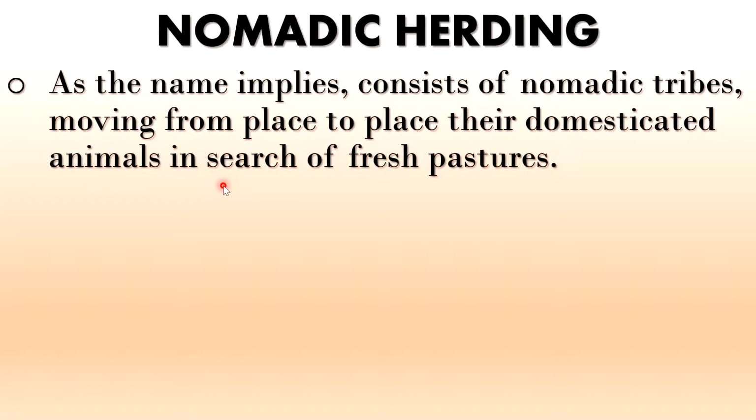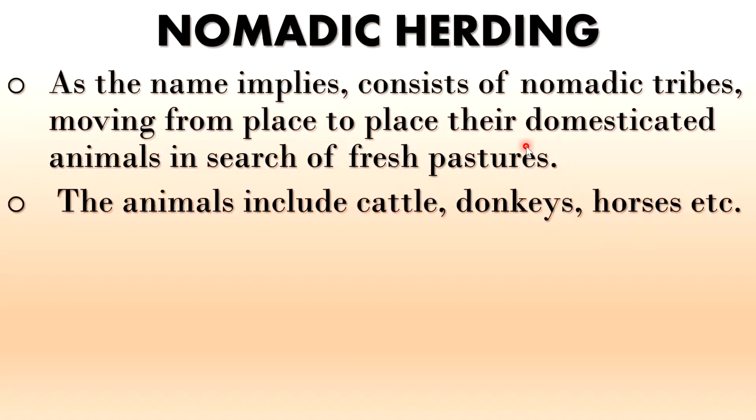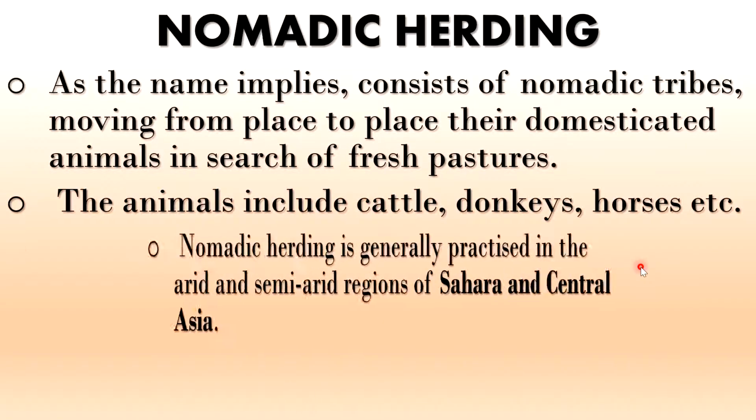They are giving something, right? In search of fresh pastures. That means a place where they can keep their animals, right? Then which are the animals? We need to know this. The animals are cattle, donkeys, horses, etc.